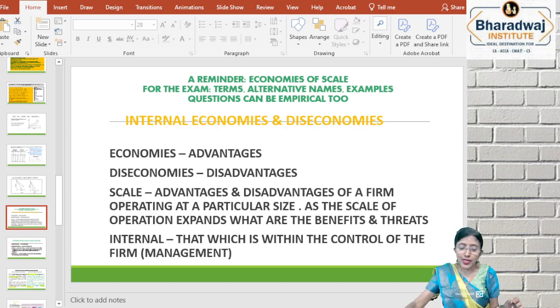Students, I was telling you that in the revision class I would exhaustively discuss economies of scale. You would have heard me using this term in your laws of production. In that context I've explained it, but as a topic, I wanted to bring this under selected portions, which we will be doing tomorrow.